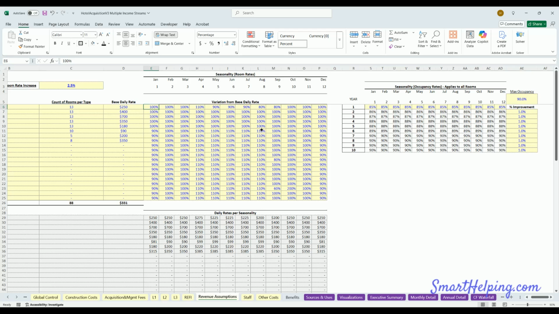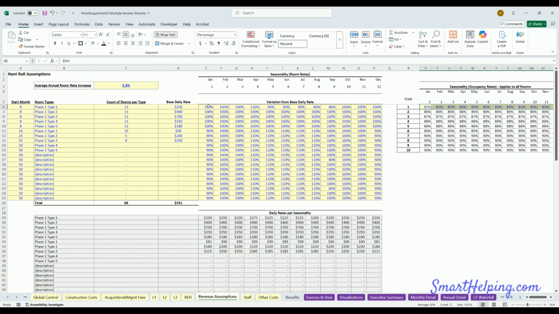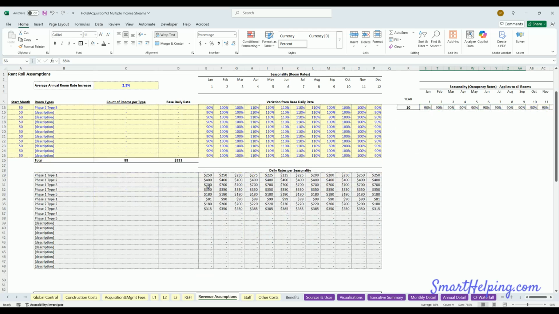So daily rate adjustments over the course of a year, and then seasonality adjustments on top of that. Now, whatever you put in for these variances, this will apply to that room type for the entire 10 years, whatever this is. And then this obviously can vary in each year and within the year based on these percentages.